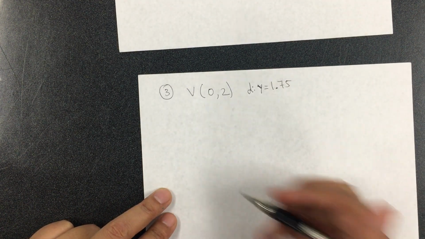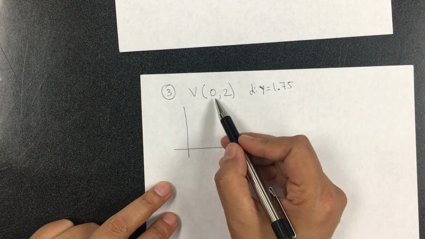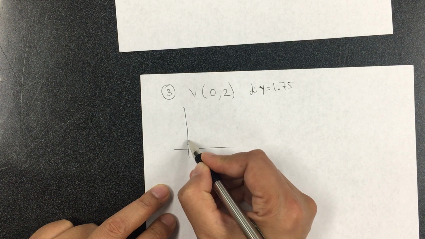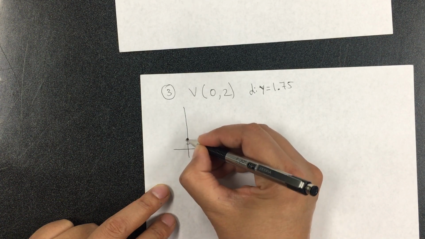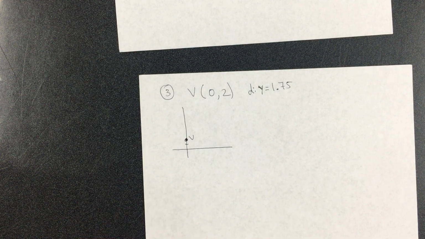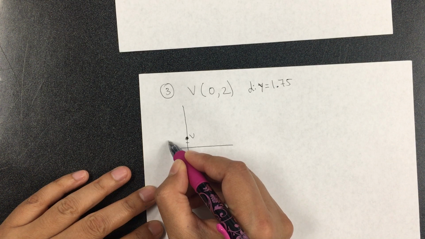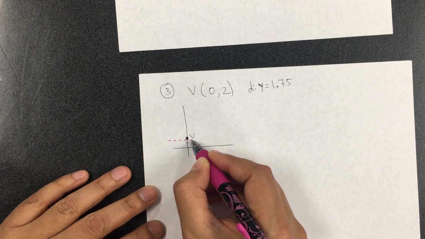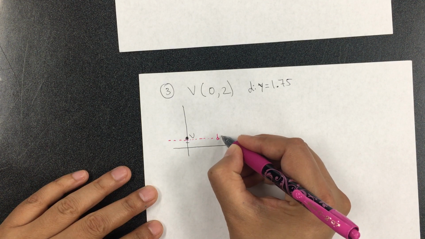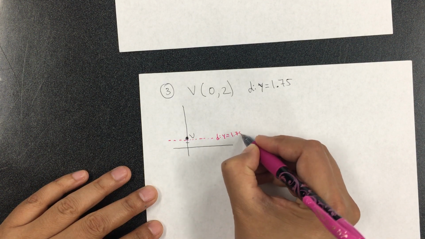If we sketch this, the vertex is at (0, 2), so 0, 1, 2, that's the vertex, and the directrix is at 1.75, so about there. Directrix, it's at y equals 1.75.